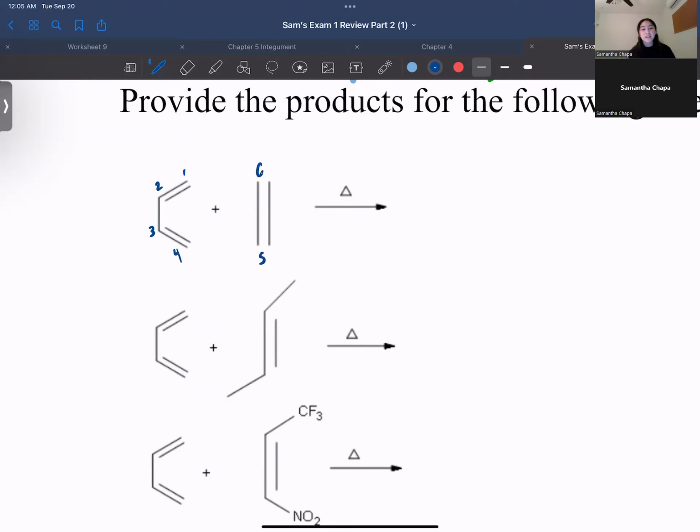I'm numbering all the things that are going to be reacting in the Diels-Alder reaction. I'm going to break this double bond and form a carbon bond to carbon number 6. Break this double bond, form a bond to carbon number 4. And there can't be 5 bonds on carbon number 4, right? So then we have to resonate this double bond over.